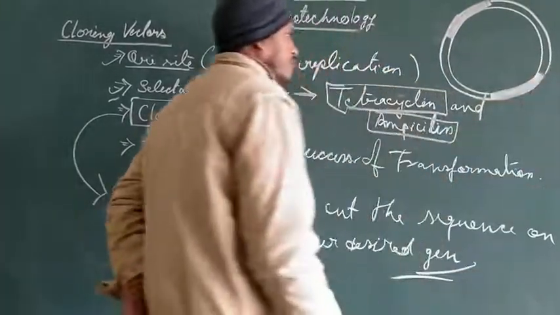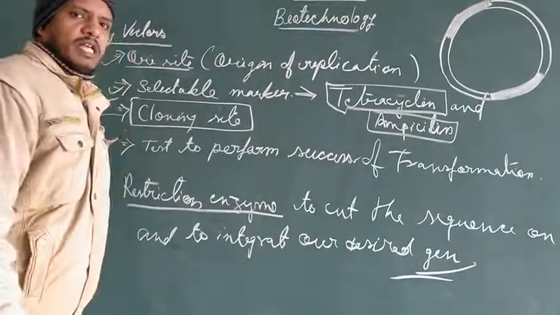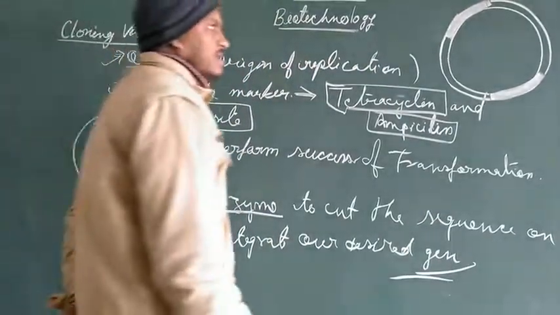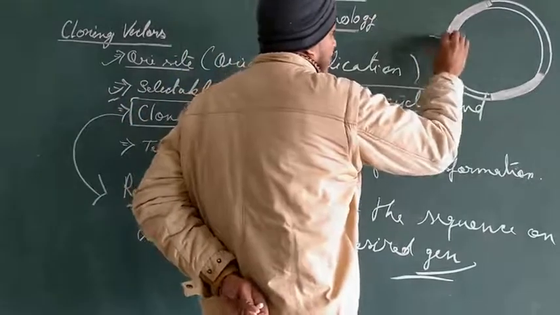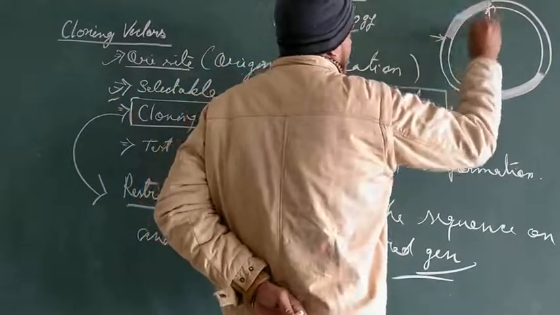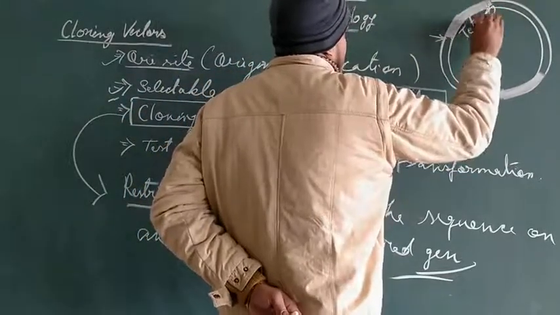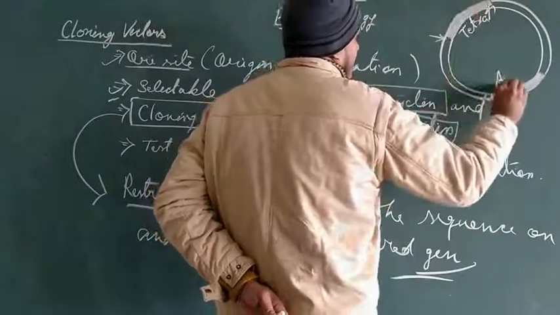Got it? We use a restriction enzyme that is specific to cut at this point, which is responsible for tetracycline, and this one is for ampicillin.